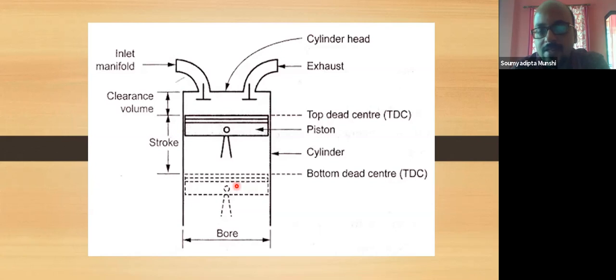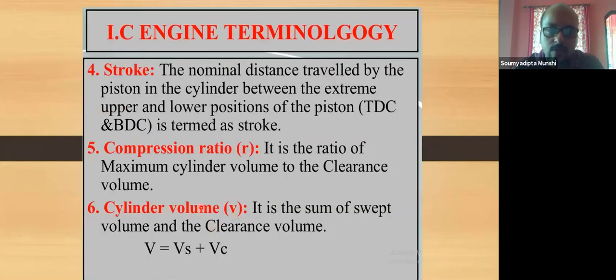We can expect that at the time of moving, the piston can go slightly further up or slightly further down. These slightly further up and slightly further down volumes are known as the swept volume. So the clearance volume plus the swept volume is known as the cylinder volume.